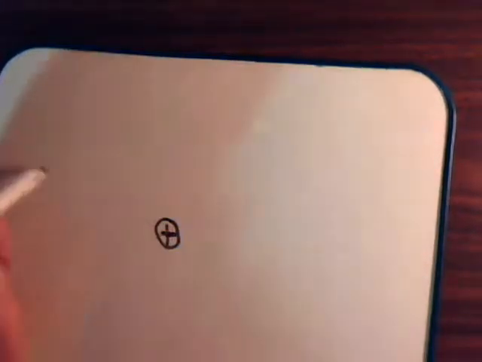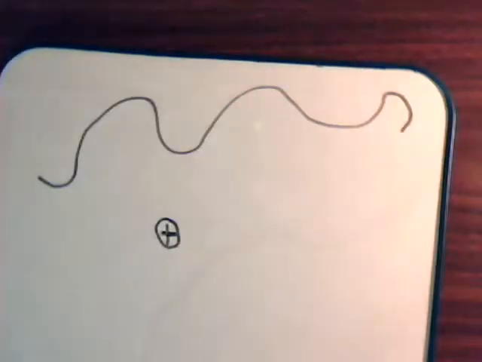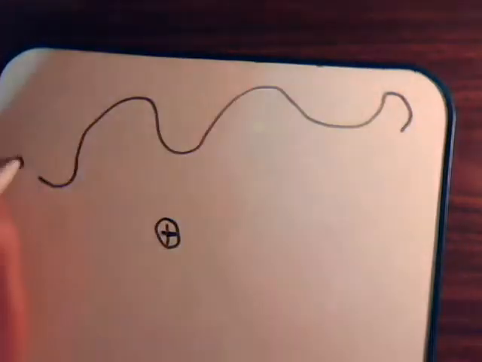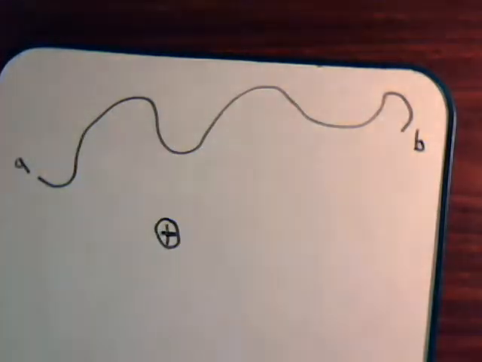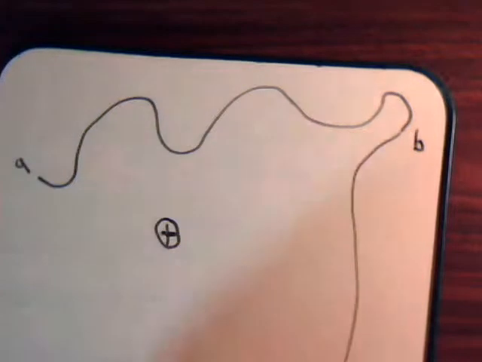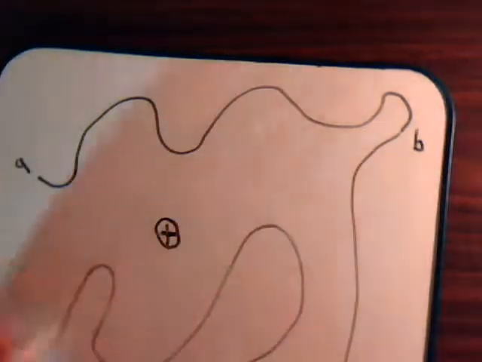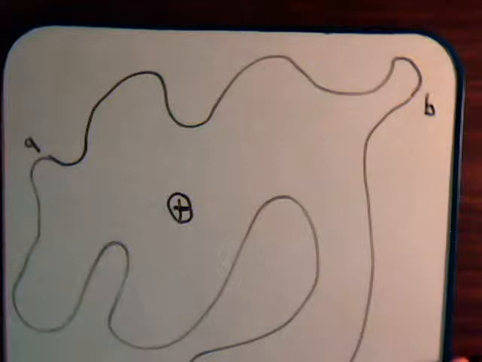We could have a test charge, move it like this. This is A, this is B, and then move it back to point A along a totally different path. And the amount of work that we perform will still be 0.